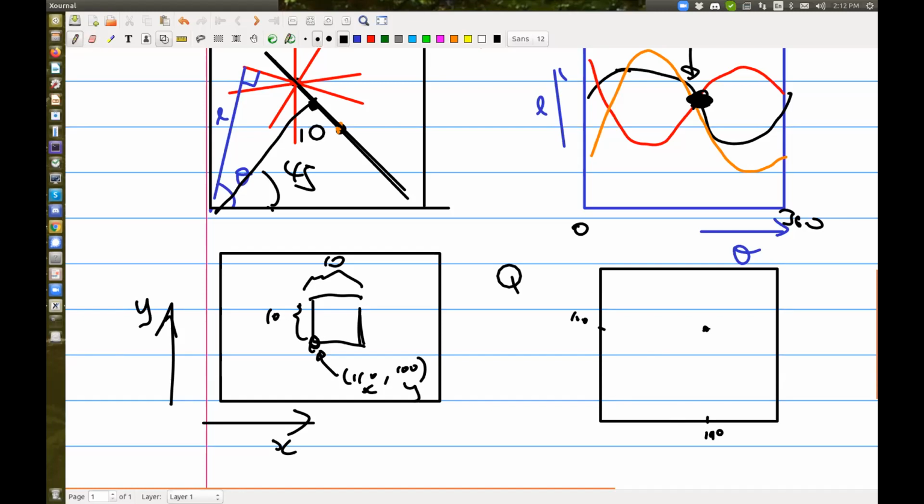Now let's say I have another square, shifted by 10 pixels. If I move by 10 pixels, where should this point move in the parameter space? Shift left by 10 pixels.